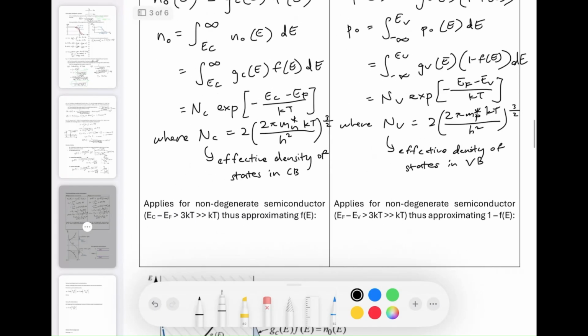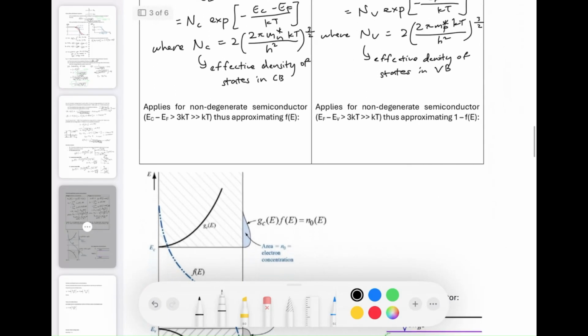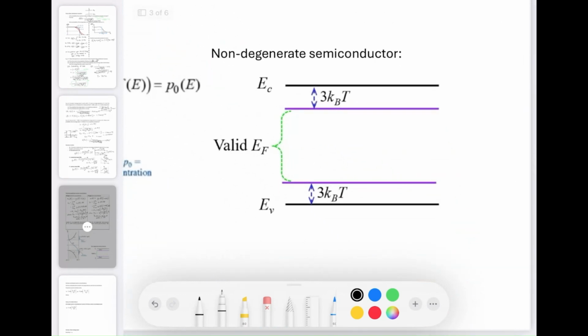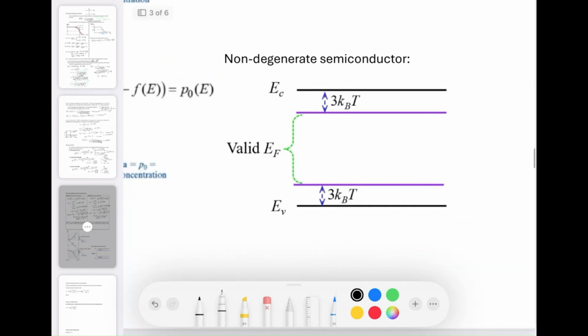So this formula only applies for non-degenerate semiconductors, which means that EC minus EF, the conduction band minus the Fermi level, must be larger than or equal to 3 kT.